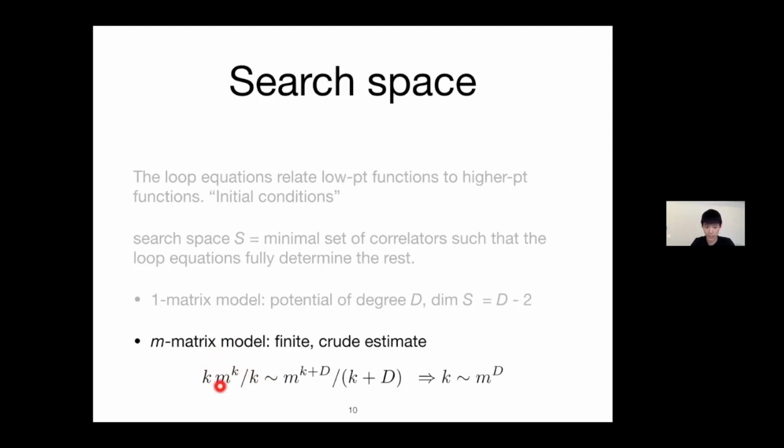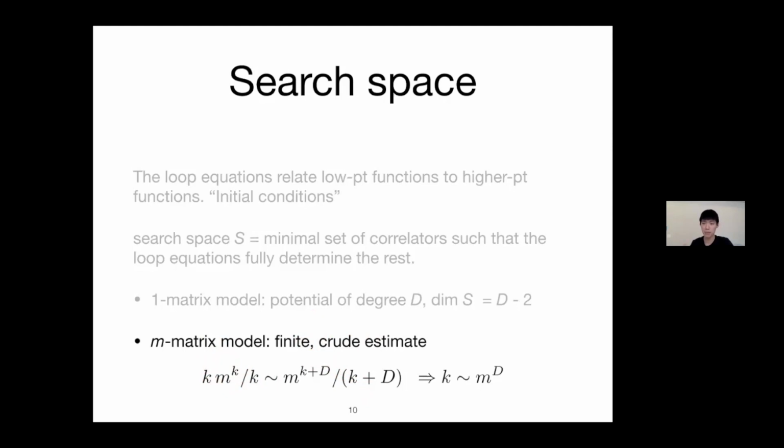Well, the number of loop equations is m to the k, whereas the number of correlation functions that you introduce is m to the k plus d over k plus d. So there's a value of k where the number of constraints and the number of unknowns is balancing. So at this point, you would expect that you don't need to introduce any further basis elements into your search space in order to determine the rest. But I agree that this is a little bit surprising.